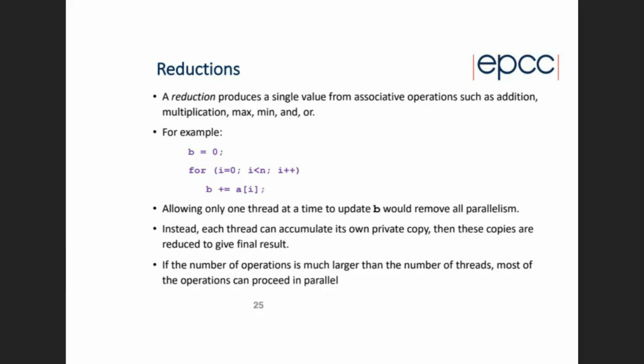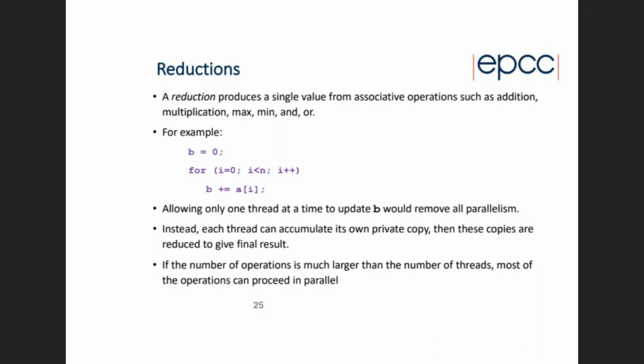That's what the reduction clause is doing, as you'll see when we come to the examples. This is just plain old C code, and for a very large n we might want to execute it in parallel, so clearly we'll add some OpenMP directives to do that.